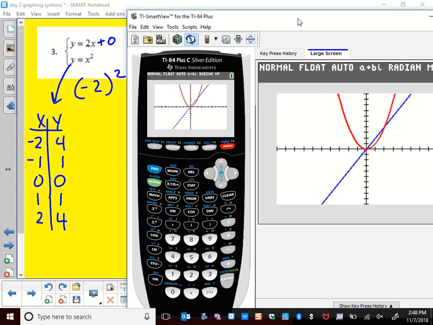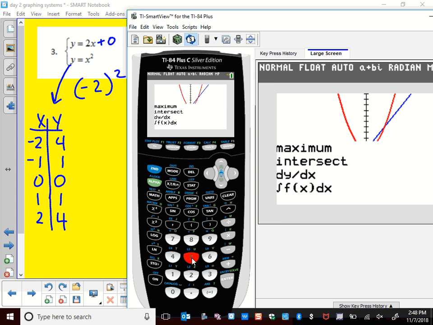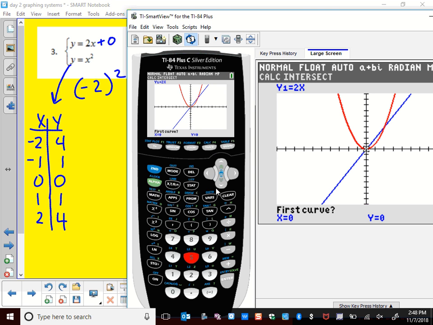We just graphed both of those. You could actually use your calculator for all of this if you wanted to. And then you do second trace, the intersection, right? So at the intersection right there, I hit enter 3 times. So 0, 0 is a solution.